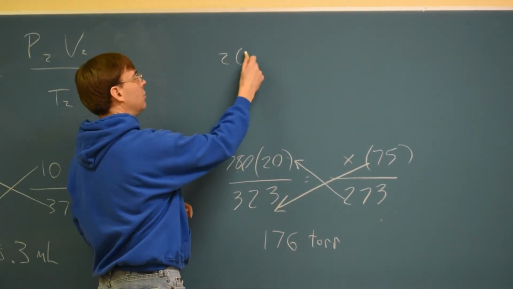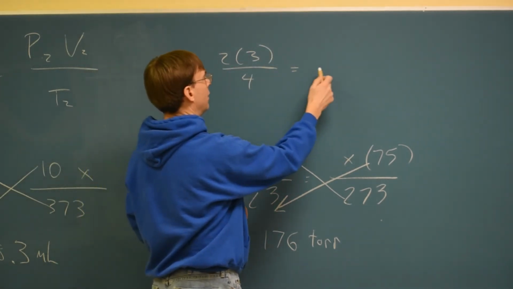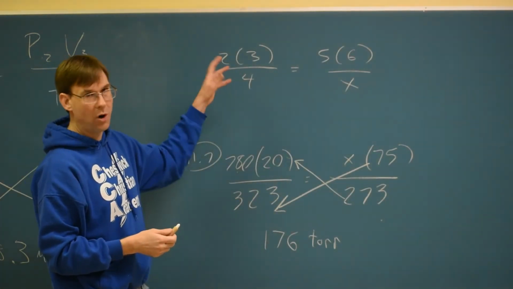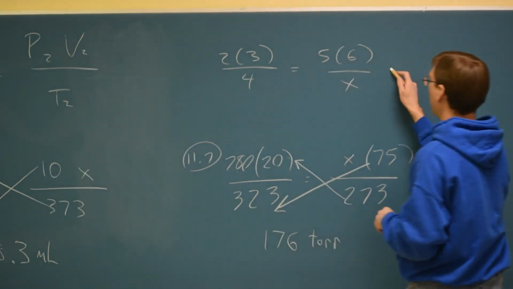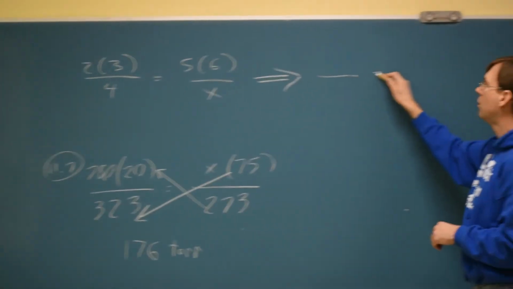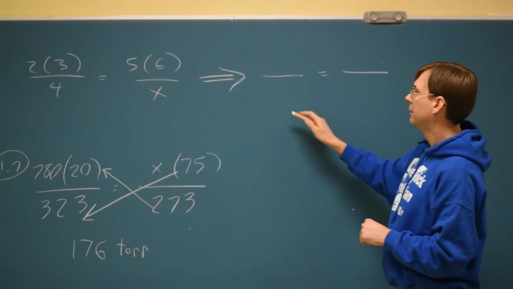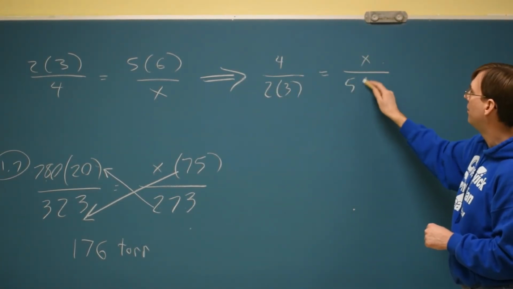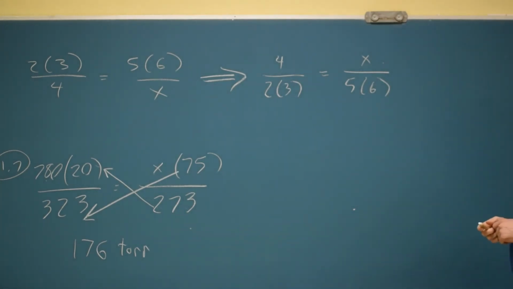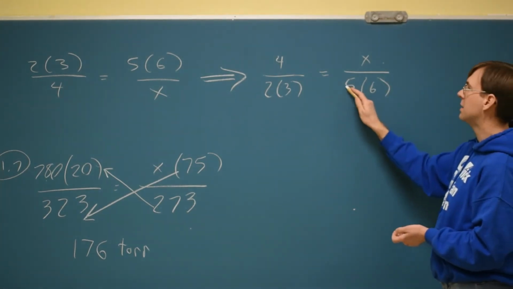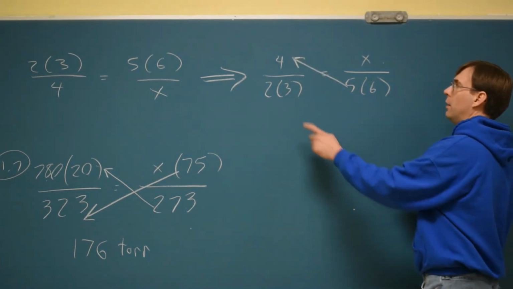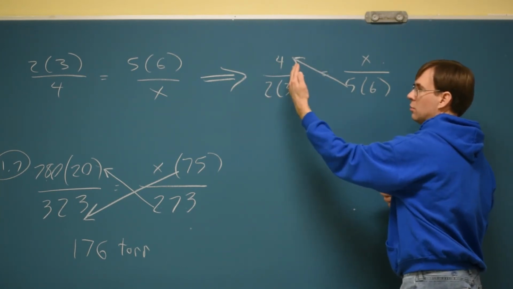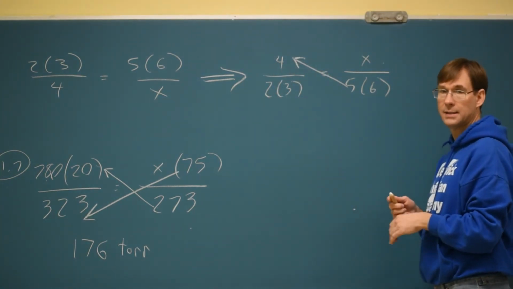So if you have like 2 times 3 on top of 4 equals 5 times 6 on top of X. Realize those are smaller numbers than you're going to see, but just to keep it quick, I would take that and just transform it into being 4 on top of 2 and 3, X on top of 5 and 6, and then do the same thing. We would just have to take these bottom numbers to the top and go 4 times 5 times 6, divide by 2, divide by 3. If that made sense, use that.